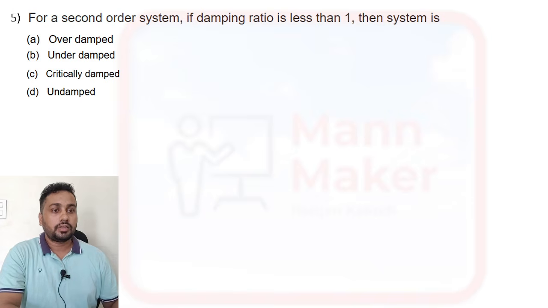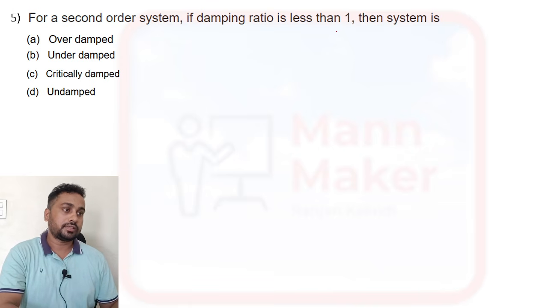All right, now the next one is for a second order system, if damping ratio is less than 1, then the system is what. They are asking about damping ratio. So what is damping ratio?